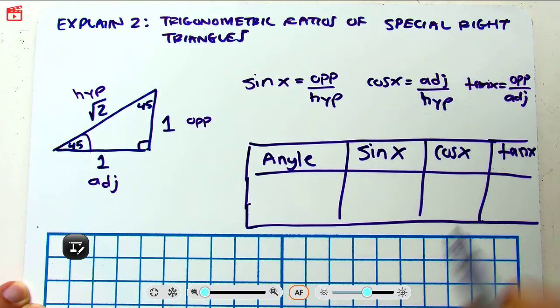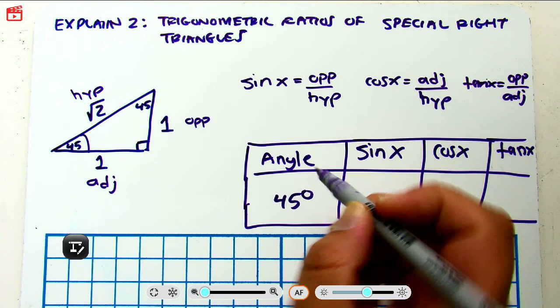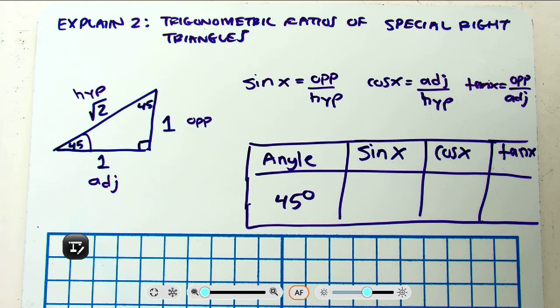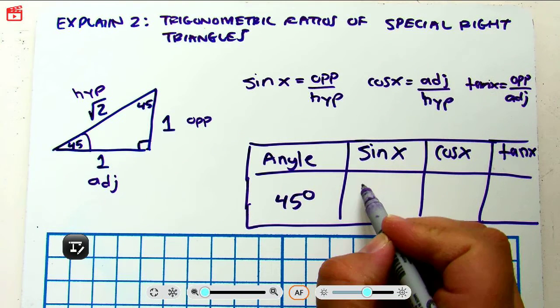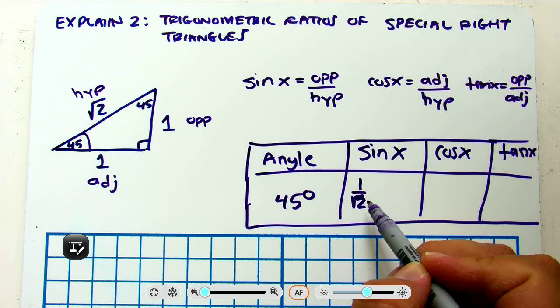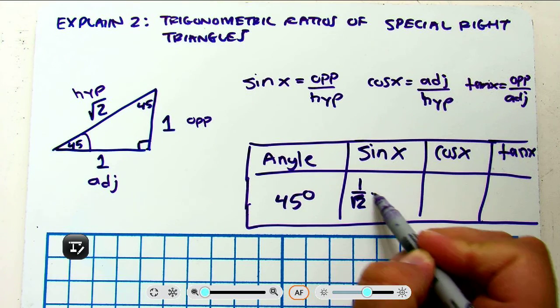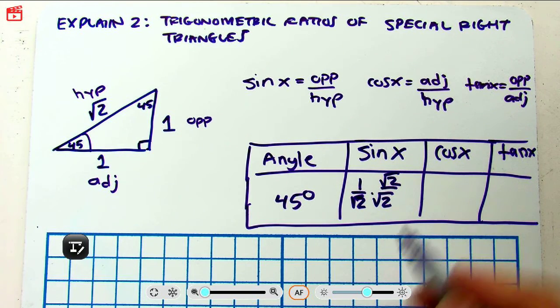So if my angle is 45 degrees, because again that's the angle that we're looking through, the sine ratio would be the opposite side over the hypotenuse. So 1 over square root 2. And again, remember that we cannot have square root 2 as a denominator, so we have to rationalize the denominator by multiplying it by square root 2, which ends up being square root 2 divided by 2.